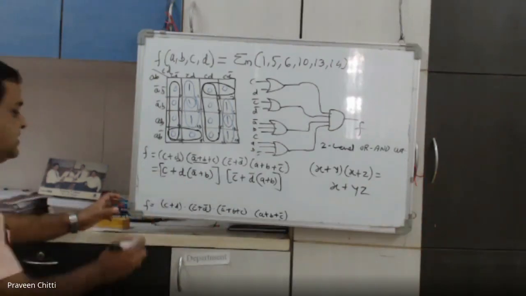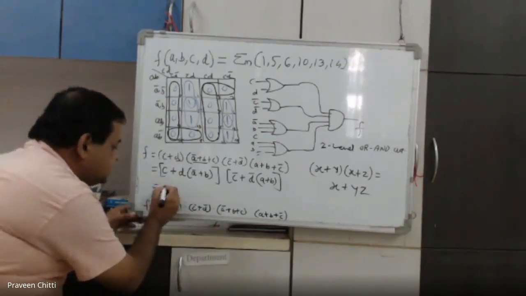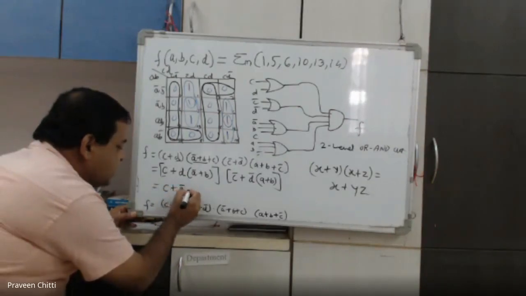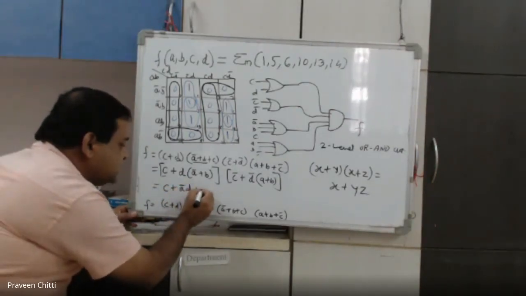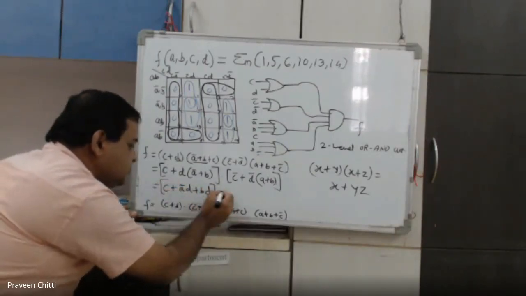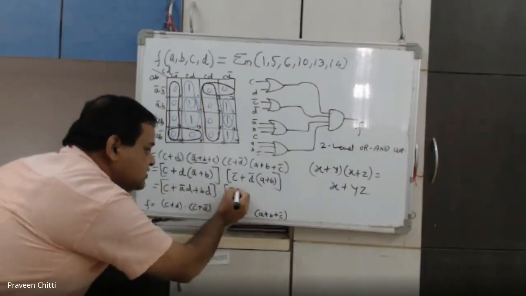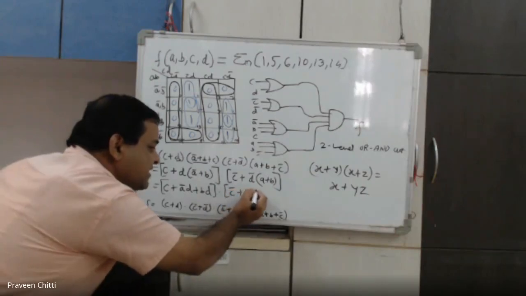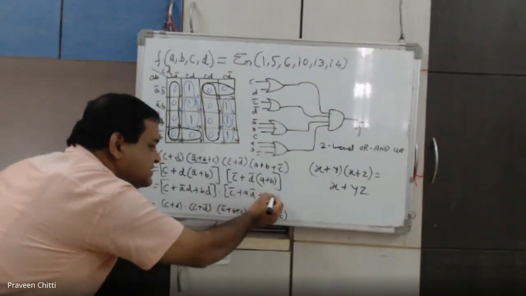Now once this is done, I can write it further as C plus A bar B plus BD, right? This is one term. Then this into C bar plus A D bar plus B D bar. That is the second step.